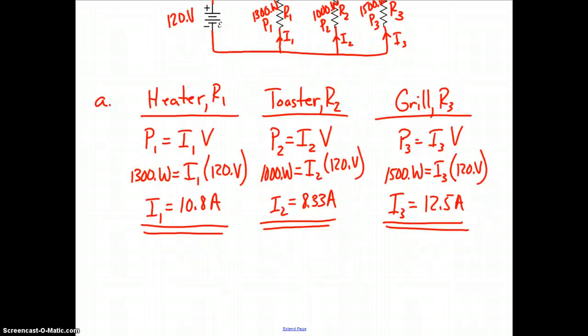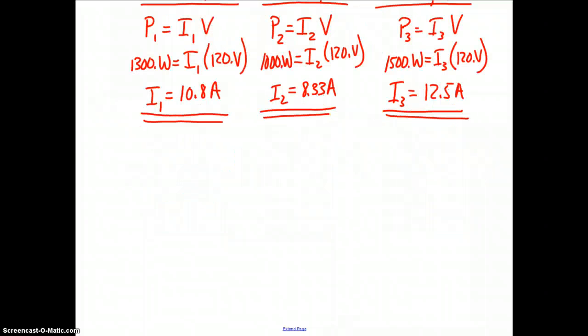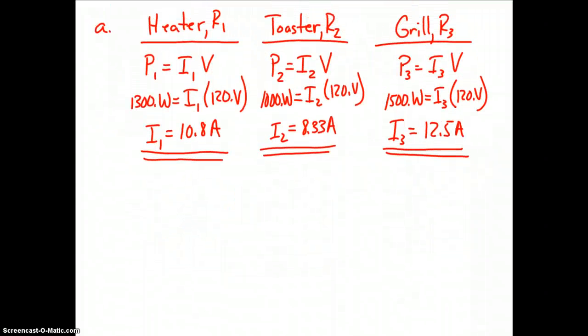For B, they give us a situation in which these devices are connected in a circuit that has a 30 amp circuit breaker, and they want to know whether or not that is sufficient for this circuit.